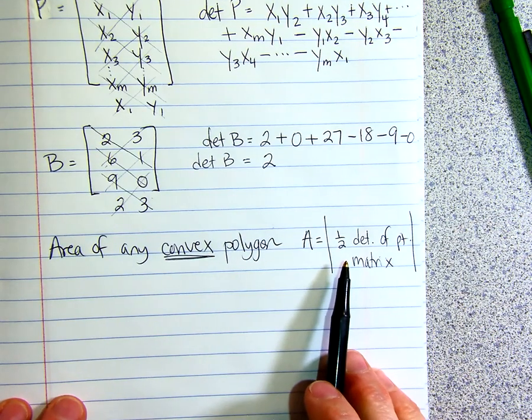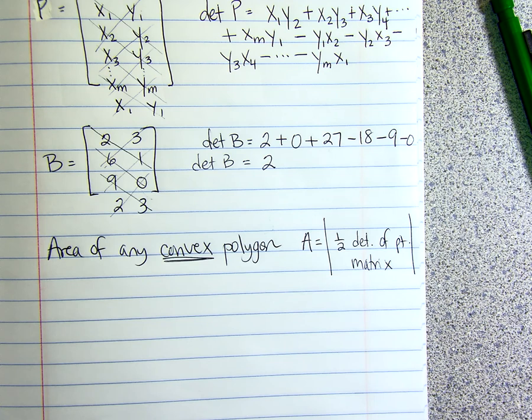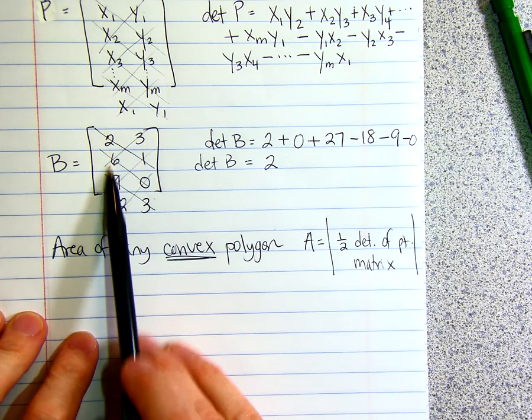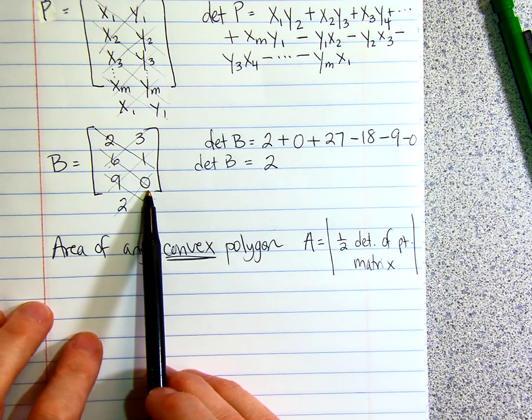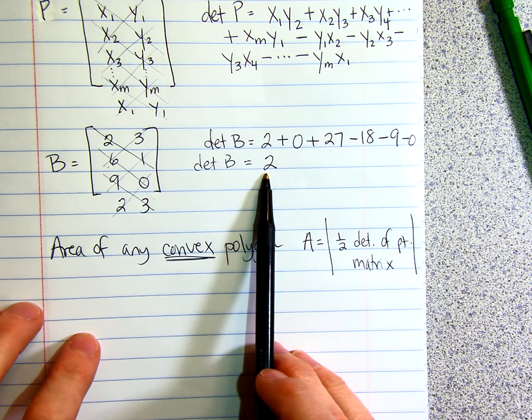You know how the determinant sometimes can be negative? So if it's negative, you just take half of that in the absolute value, and that would be the area. So if I were to graph these 3 points, this triangle, the area would be 1, because it's half the determinant.